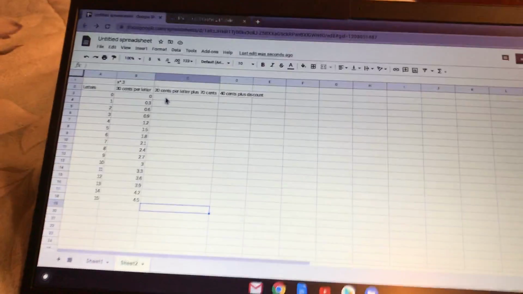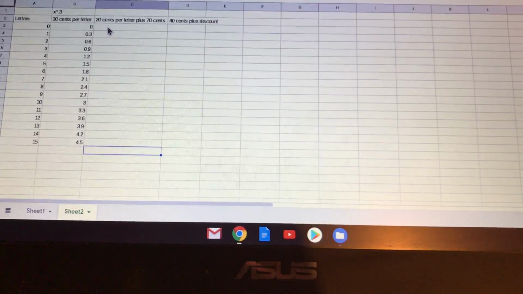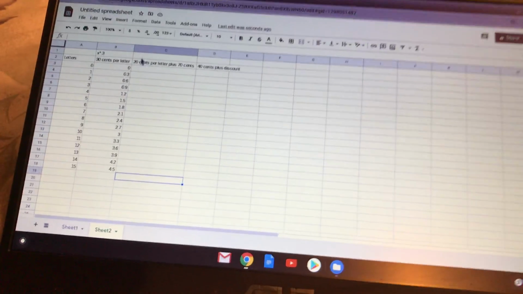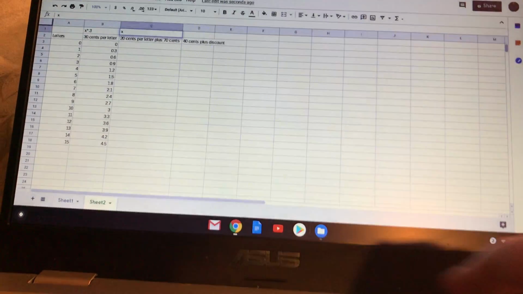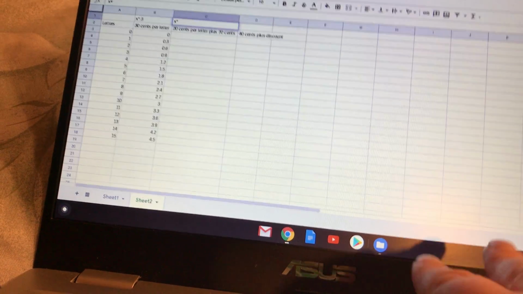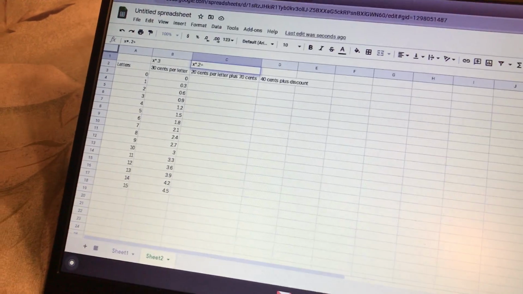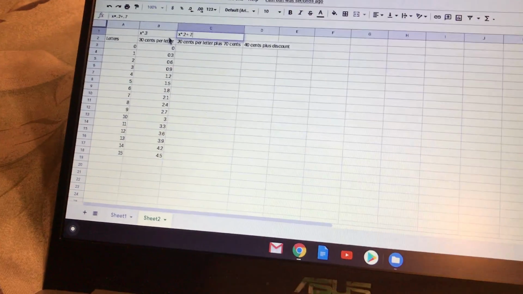Now the next place, it cost 20 cents a letter plus 70 cents. No matter how many letters you got, they would still charge you 70 cents. So that is going to be x times 0.2 plus 70 cents.